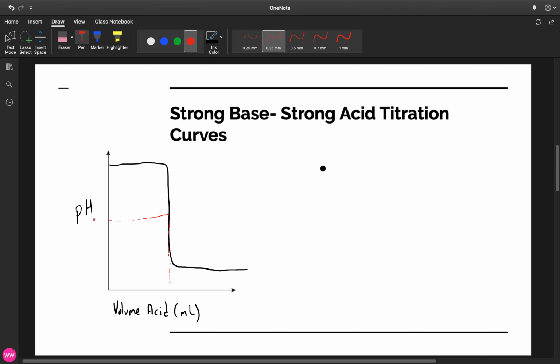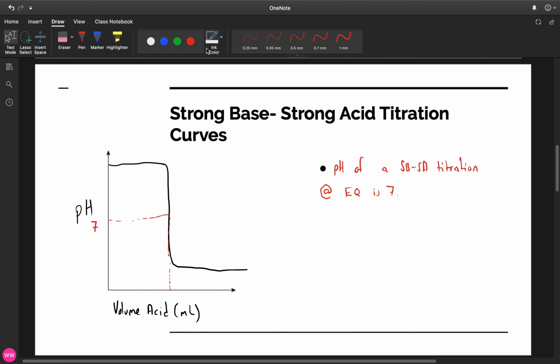For a strong base, strong acid titration, the equivalence pH is going to be 7, and the volume of acid that you added would be down below. Once again, the pH of a strong base, strong acid titration at equivalence is 7.